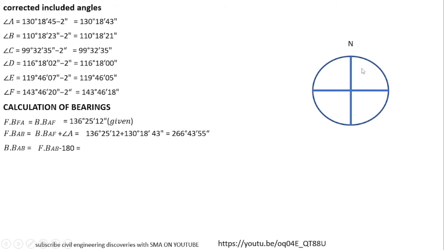So these are north, south, east and west. The first quadrant is NE, the second quadrant is SE, the third quadrant is SW and the fourth quadrant is NW. So north is 0, and the whole circle will be 90, 180, 270 and 360.